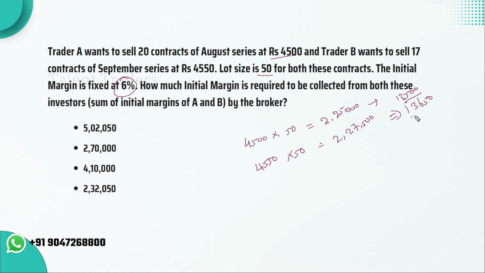So this is the margin for one lot. Then 13,500 into 17 quantity, okay, and 20 quantities. It is about 20, not 17. For the first contract at 4,500, we have to calculate 20 contracts, and for 13,650 we have to calculate 17 contracts.